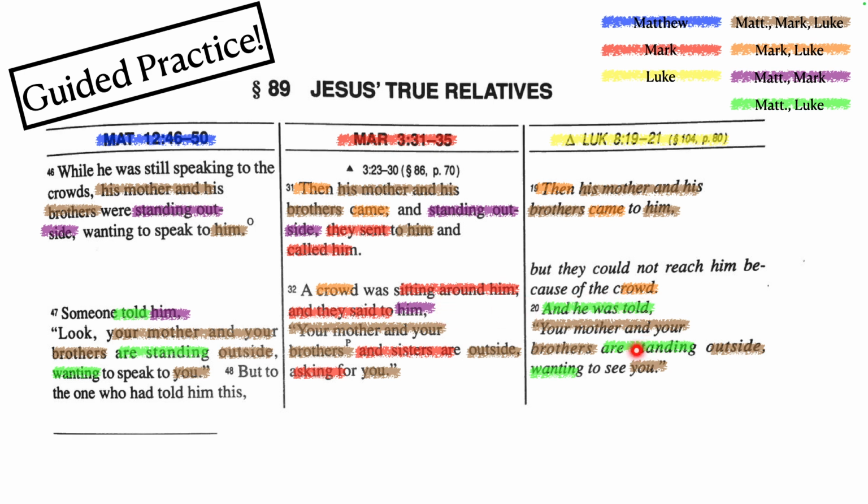They both add this standing and this wanting, and they both add the verb told. Whereas the Farrer theory, which holds that Luke is in fact looking at Matthew, does have access to Matthew, is going to say Luke looks at Matthew and follows these small changes that Matthew makes to Mark.